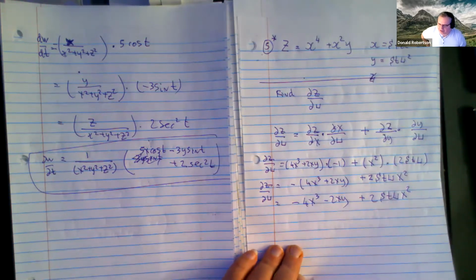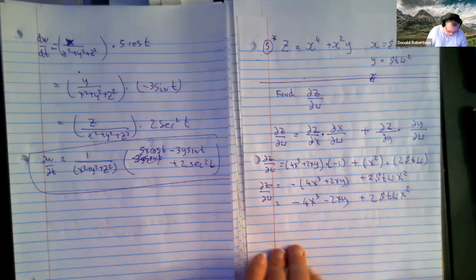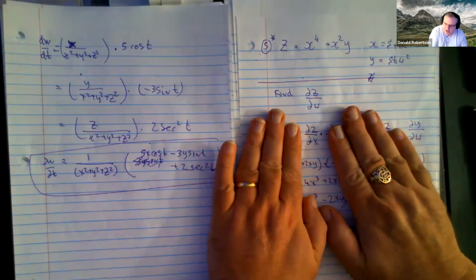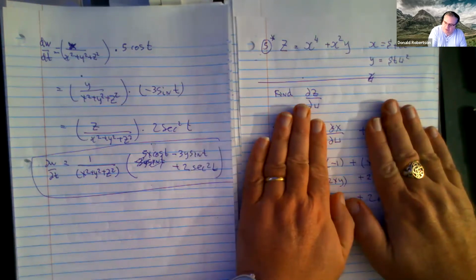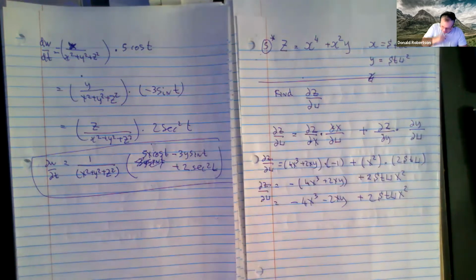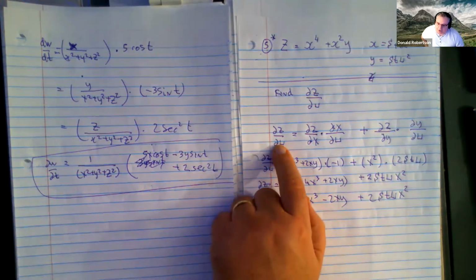If you think about it, you're just differentiating with respect to one variable at any given snapshot. So that little guy is a derivative of Z with respect to X. That little guy is a derivative of X with respect to U. Each one of these pieces is a derivative, and it's a combination of them multiplied together and added that allows us to find this guy.